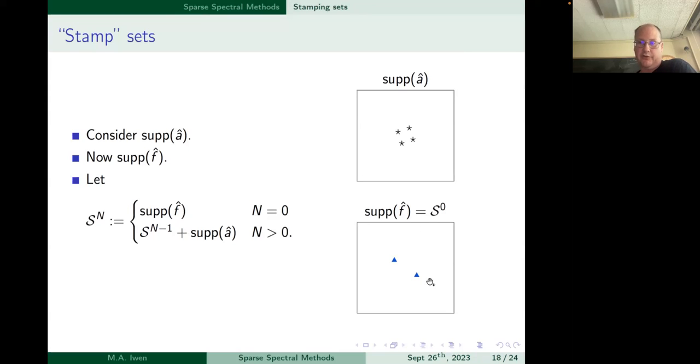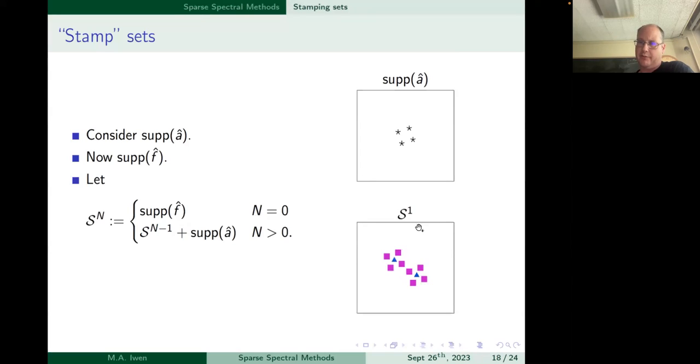So those are going to be given to us by this information. And then the other equations that we should include, based on this idea that the Fourier series coefficients of our solution are spaced out according to the support, can be recursively defined by doing a Minkowski sum of the support of A with our support of the forcing function. So here's our 0th level stamping set.